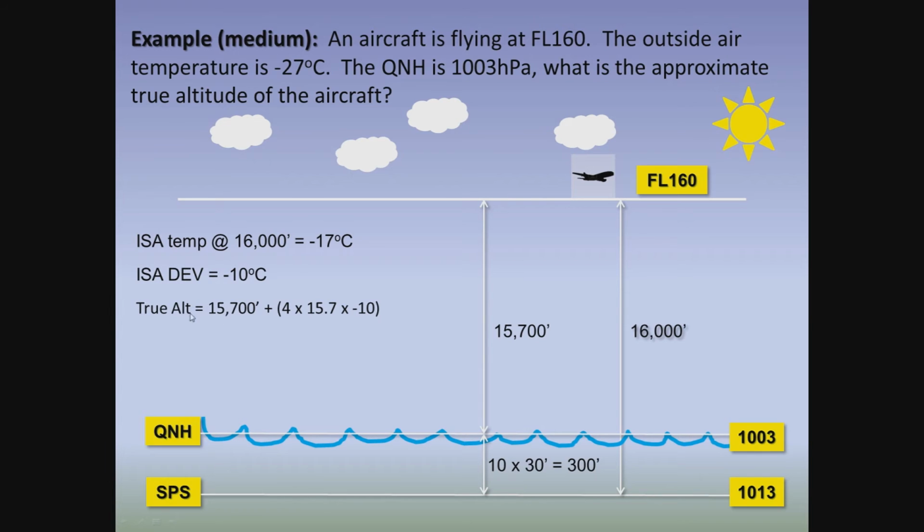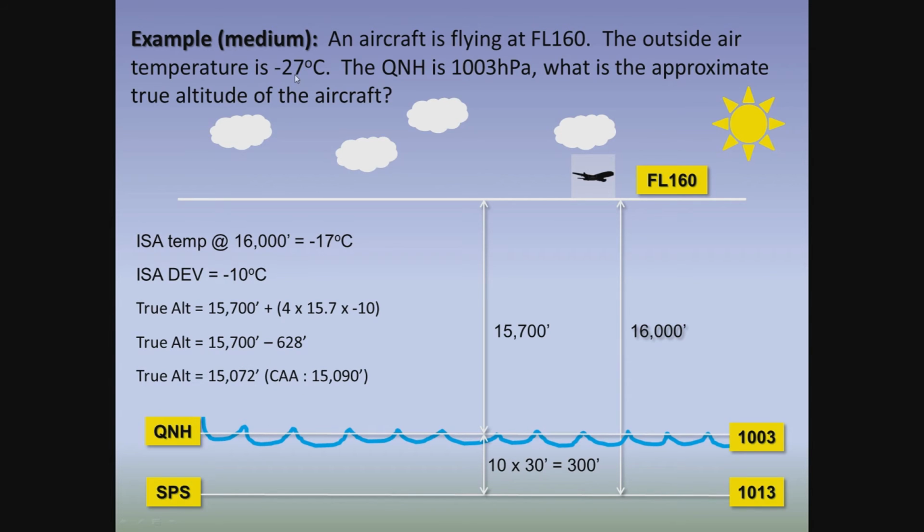Remember, that's indicated altitude on QNH, plus the temperature error correction, which is 4 times the height of the column of air below the aircraft, which again is 15,700 feet, in thousands of feet is 15.7, multiplied by the ISA deviation, which we said was minus 10. And that will give you 15,700 minus 628 feet, which gives you 15,072 feet. The CA answer is 15,090 feet, so this is incredibly accurate.